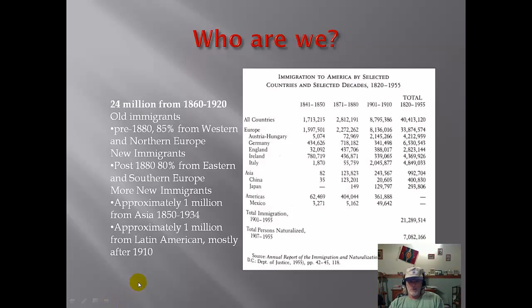Who are we? You can take a look at this. I'm not going to go through all of it, but pre-1880 immigrants came from Western and Northern Europe, post-1880 from Eastern and Southern Europe, and around the turn of the century many came from Asia through San Francisco. After about 1910, many came from Latin America, and you can look at these numbers for yourself.